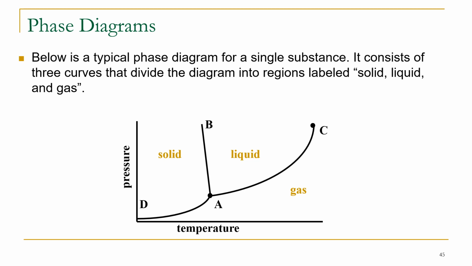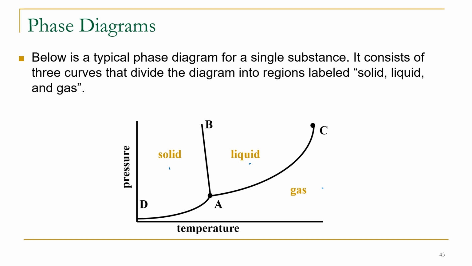Notice that we have our three different regions, solid, liquid, and gas, and it should make sense that at higher temperatures, we're going from solid, liquid, gas. Pressure, gas at low pressures tends to be gas, but there's little things going on here.